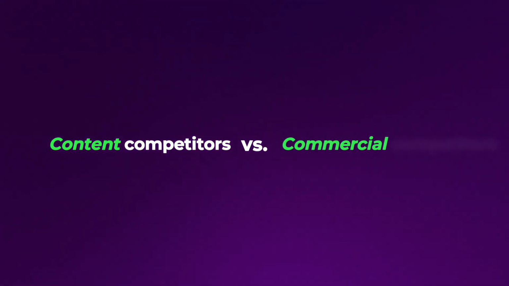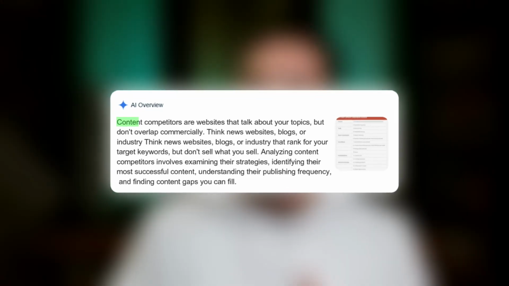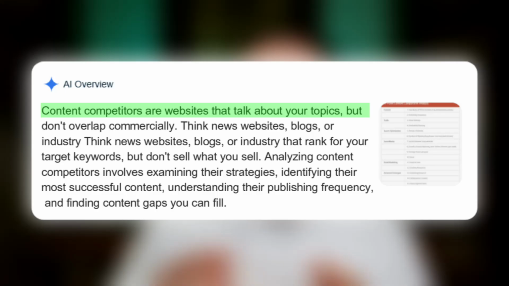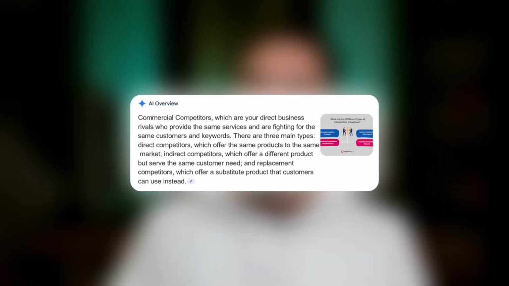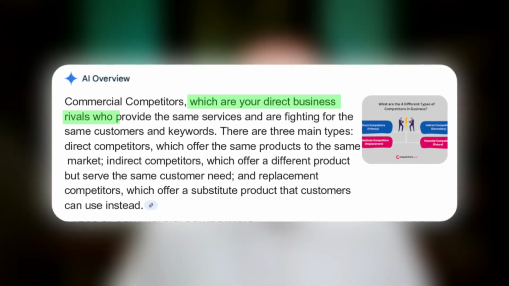So content competitors versus commercial competitors. Content competitors are websites that talk about your topics but don't overlap commercially. Think news websites, blogs, or industry publications that rank for your target keywords but don't sell what you sell. Then you've got commercial competitors, which are your direct business rivals who provide the same services and are fighting for the same customers and keywords.